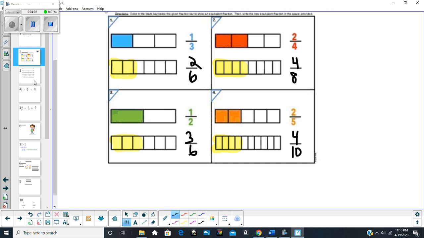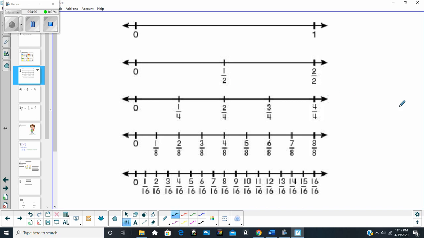Okay, also yesterday we looked at number lines to find equivalent fractions. When using a number line, you start with the whole and then you break it into smaller parts. So we went from a whole to halves to fourths to eighths to sixteenths.